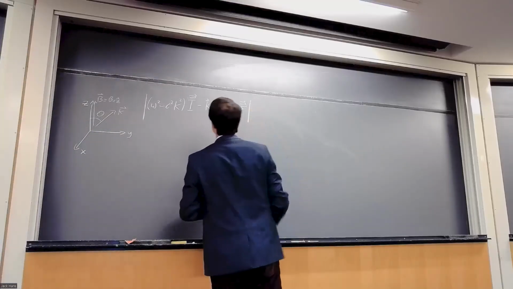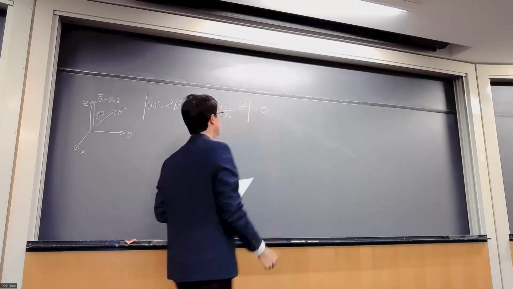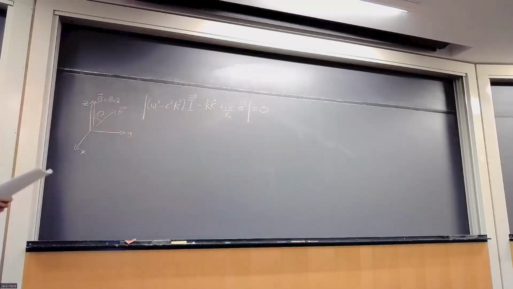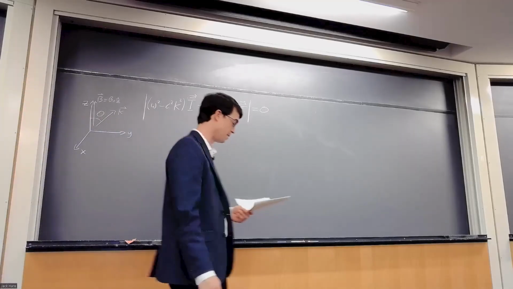So we want the determinant of this to be equal to 0, and that will give us all of the modes or the eigenvalues of our waves, and we can substitute them back in and get out the eigenmodes.